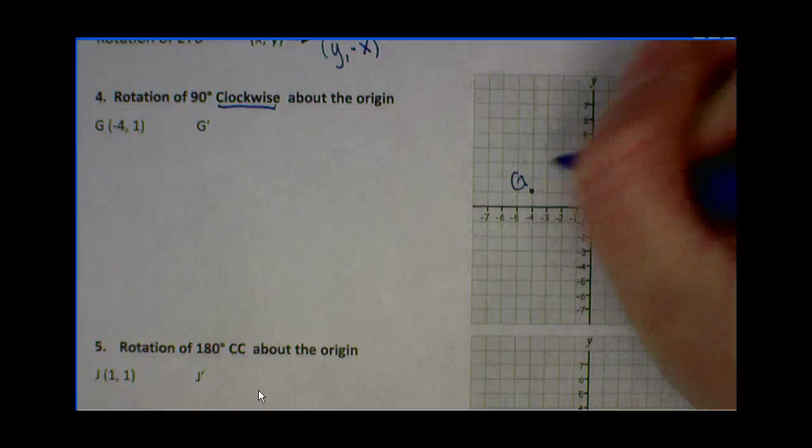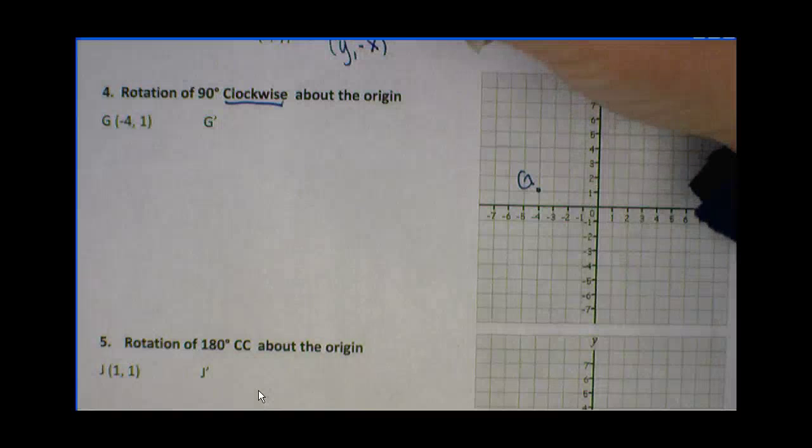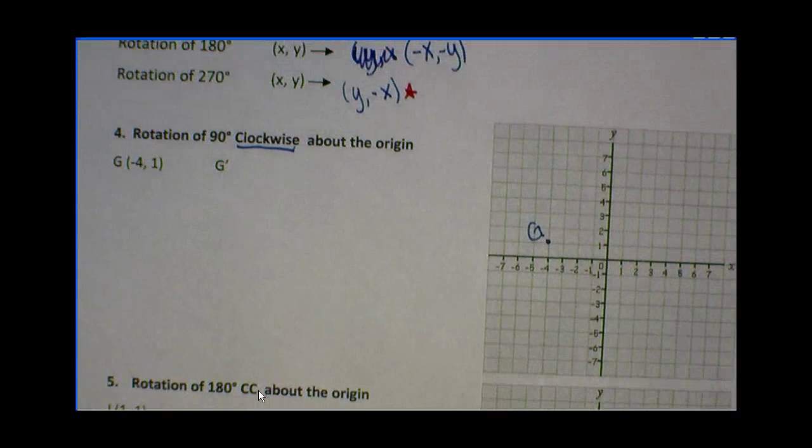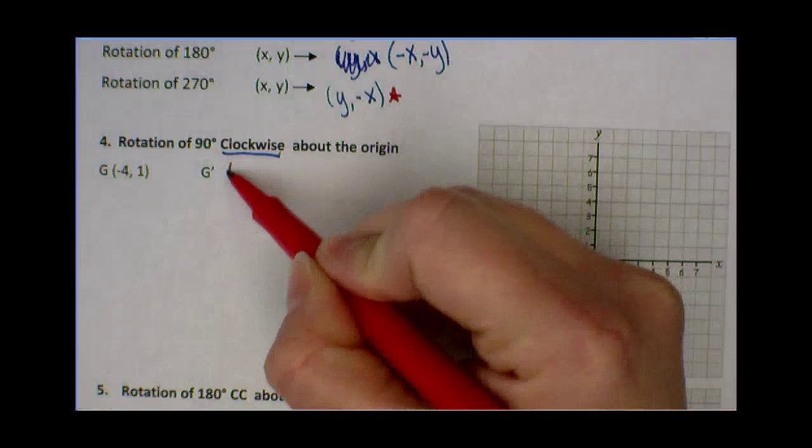Okay, so we said G was at -4, 1. So to get to G prime, where did you end up? All right, so that would be the same as the 270 degrees counterclockwise. So you have to switch it, and then the X becomes opposite.